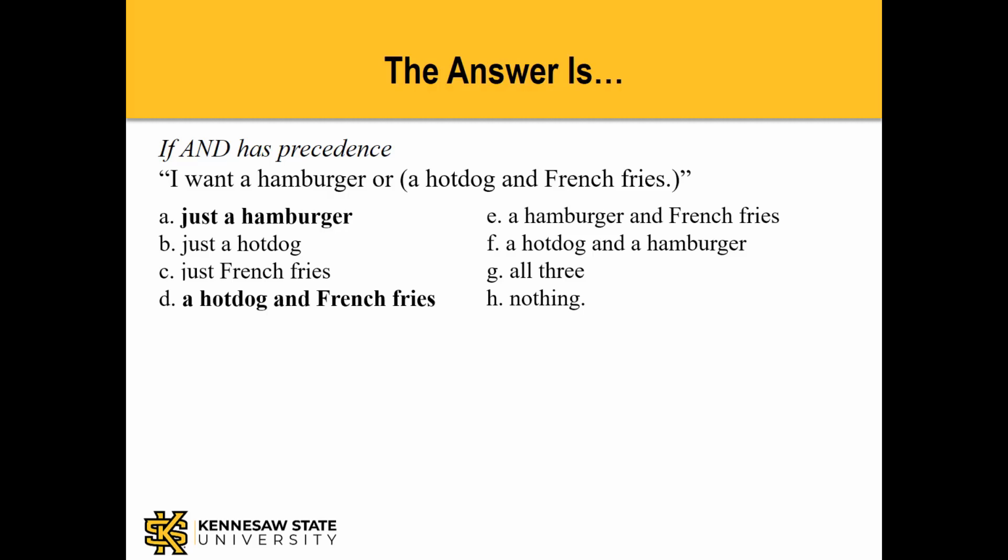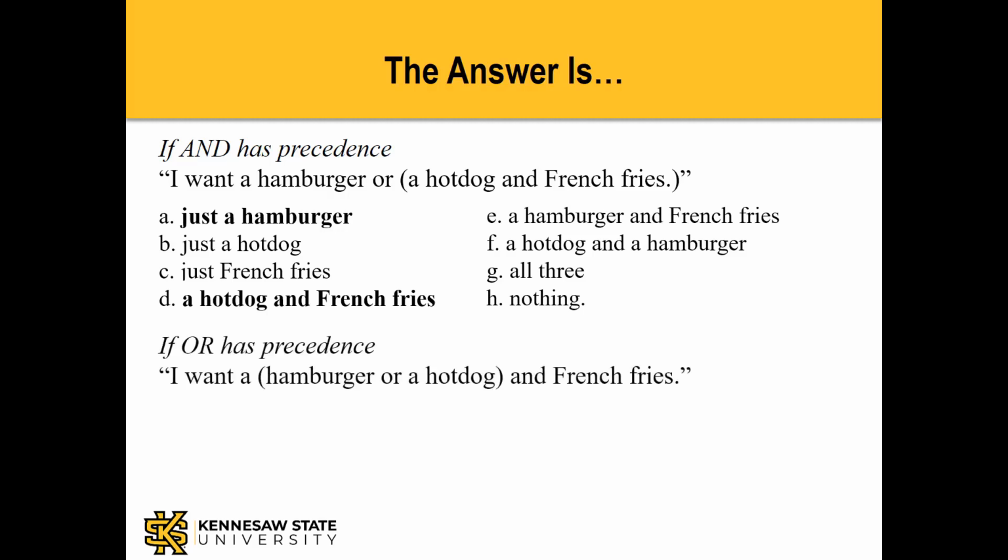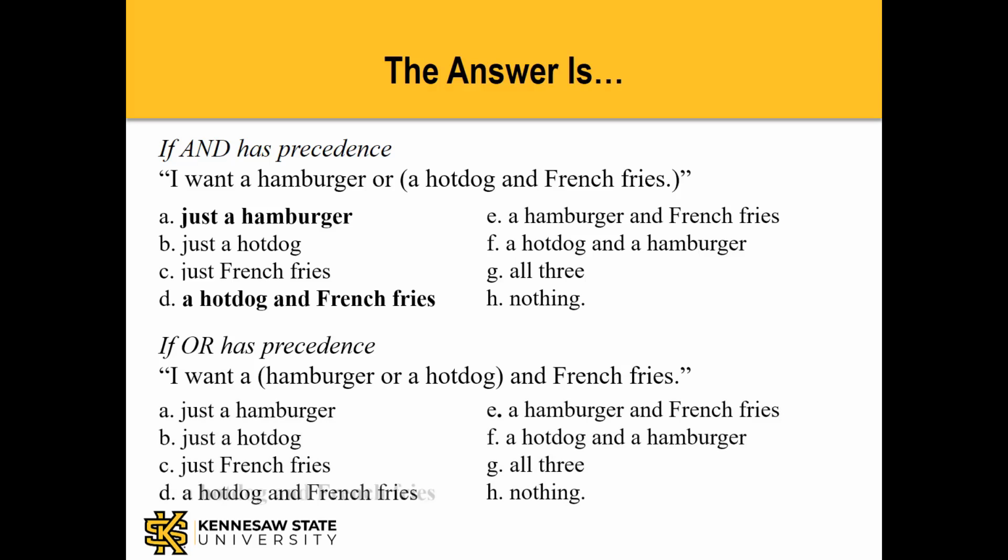So he probably meant or to have precedence. And in that case, we'd put the parentheses around the or part of the phrase, a hamburger or a hot dog and French fries. In that case, our logician wants a hot dog and French fries or a hamburger and French fries. Those parentheses are your friend.